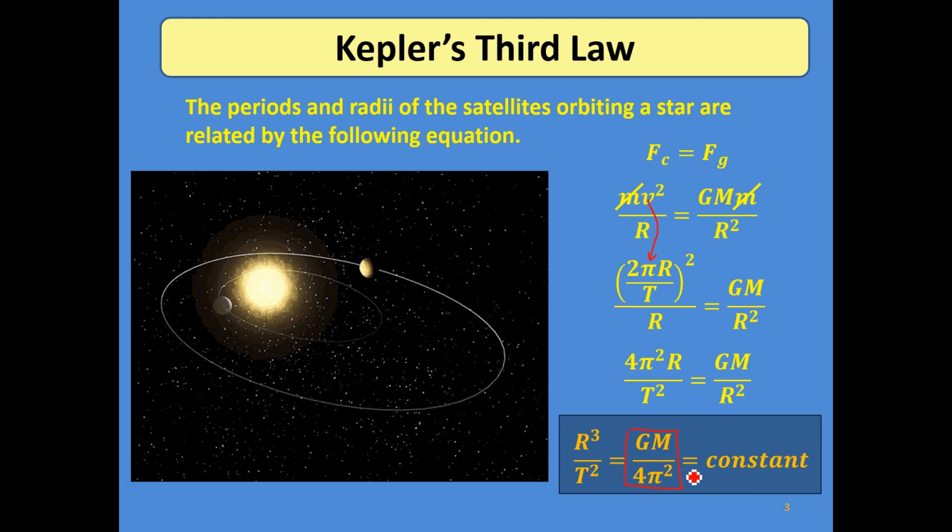So in our solar system, if we had the mass of the sun and we knew G, and I took Venus and plugged in its distance from the sun, cubed it, and divided by the period around the sun, it's going to be exactly the same for Earth. It's going to be exactly the same for Uranus. It's going to be exactly the same for all of the celestial bodies, even the asteroids that are rotating around. The asteroid belt goes at the same ratio all the way around. And so that is Kepler's third law.